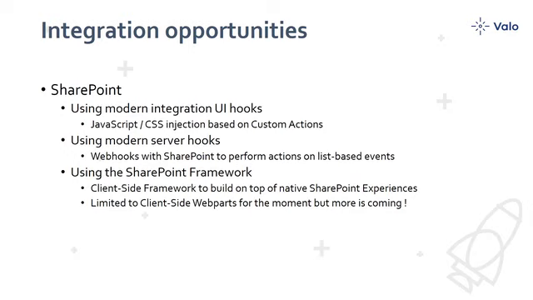Then your webhook is going to be called by the list, and it will go back and ask for what changed. Then it's going to be able to act on those. So, for example, you want to streamline the process of adding new properties based on the content of a document. You would just drop a document in there, some APIs would understand the context of the document, change some of the properties, and save the document back in the documents library.